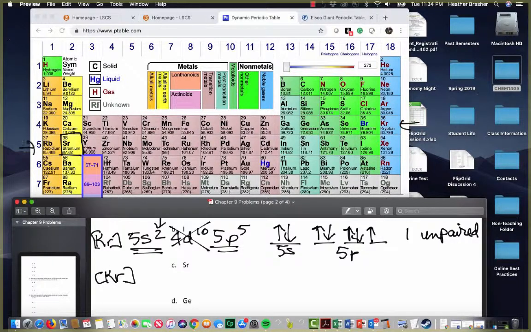And then we go to the next one, which is 5s2. This is 1, 2. So basically this is your only valence, and there's 2, so your 5s would be full.